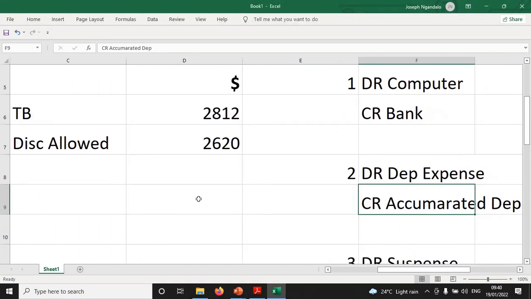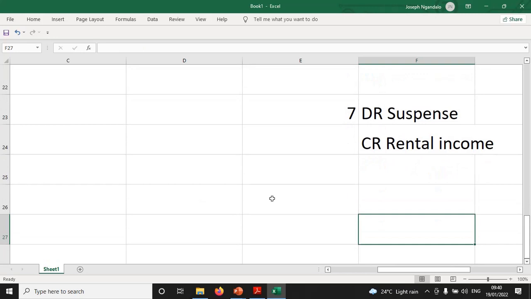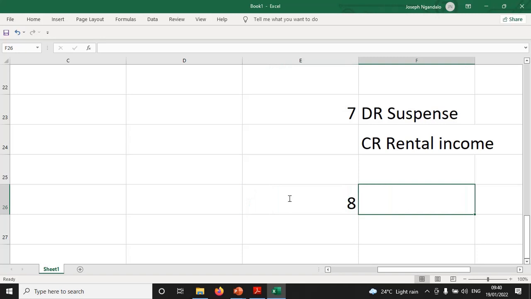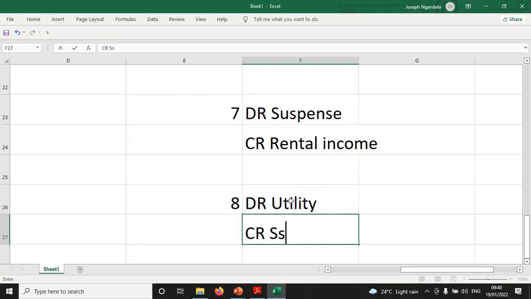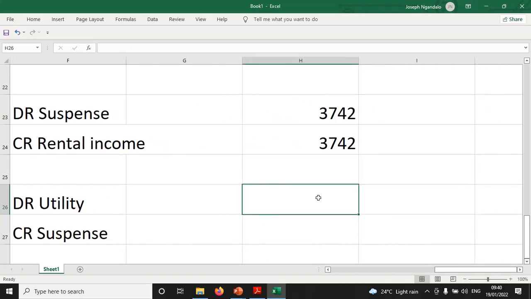Let's go and do the journal first. If the only thing that you are hearing is can I proceed, you ask a question, please. Don't shy away. So debit utility, right? And then credit what? With how much? 600 is there.